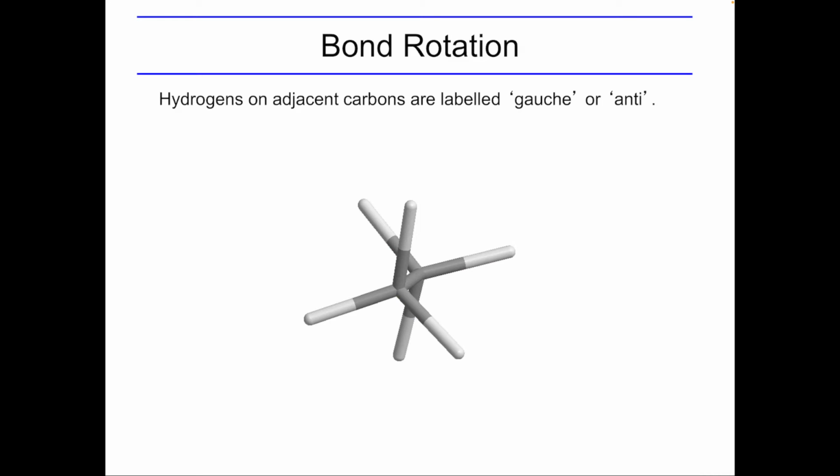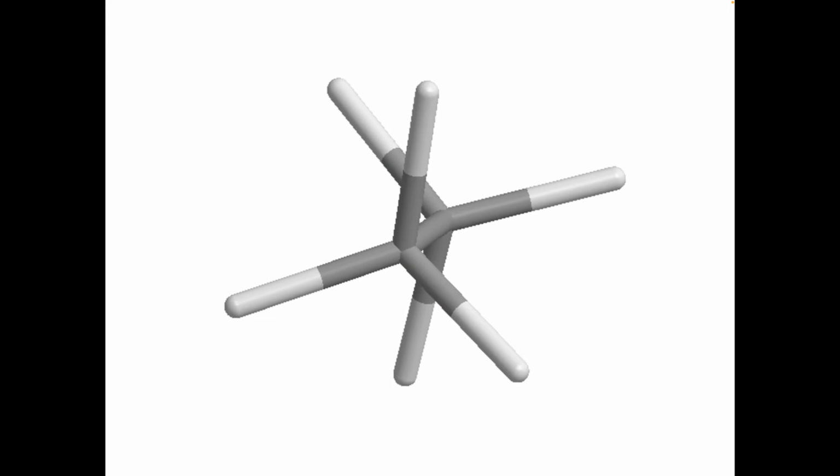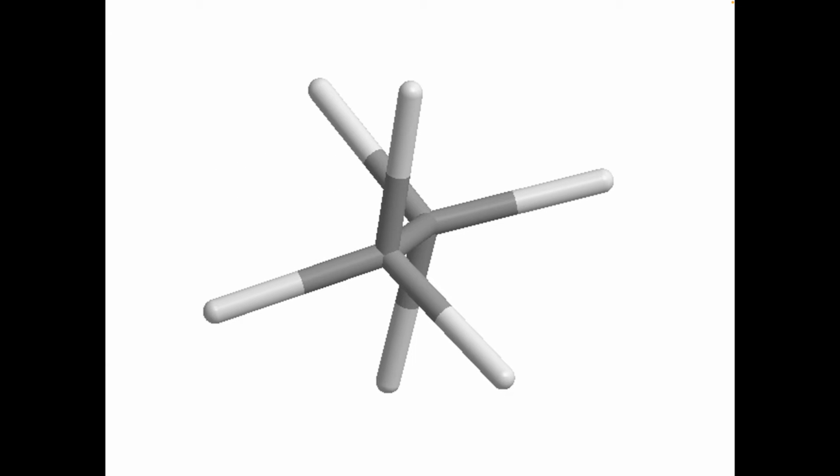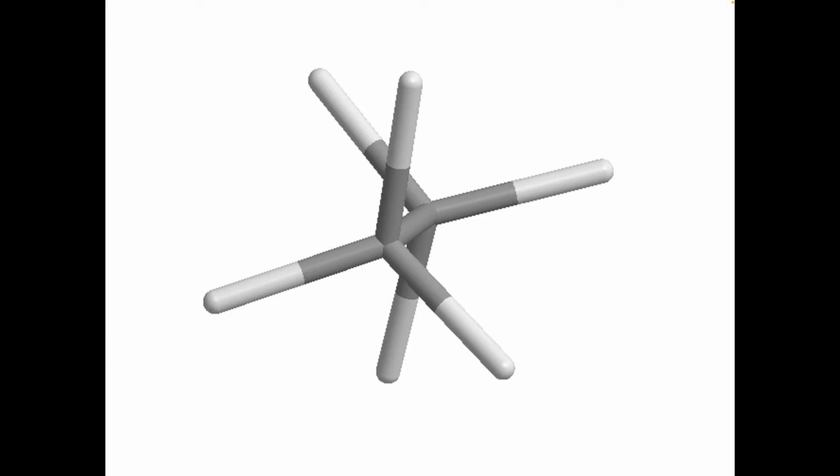This is just another view of the staggered conformation in the stick model. So if we wanted to identify the hydrogens that are gauche and anti, between the front carbon and the back carbon, let's say this hydrogen up top will have a gauche hydrogen here, a gauche hydrogen here, and an anti hydrogen here.